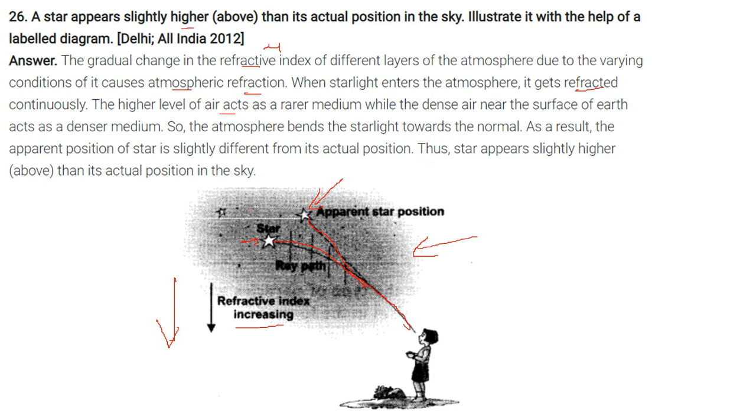This is the normal every time, and the light is bending towards it. As a result, the apparent position of the star is slightly different from its actual position. The actual position is this. The apparent position, when the light finally reaches the eye, is found by extending it backwards. So the star appears slightly higher than its actual position in the sky.